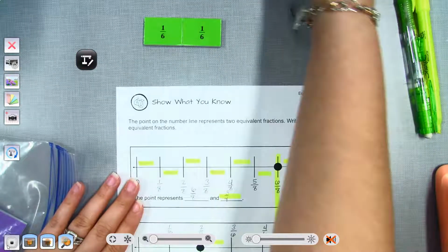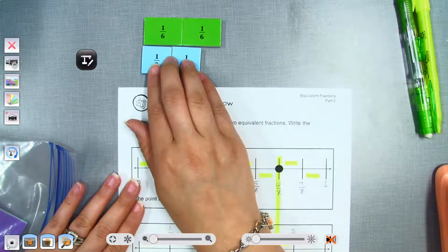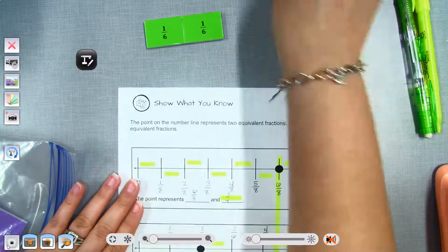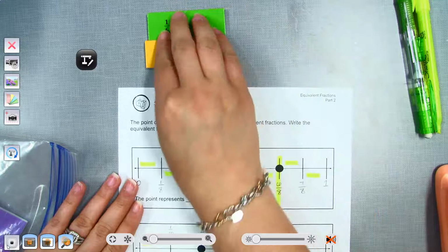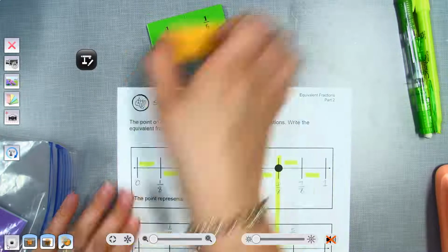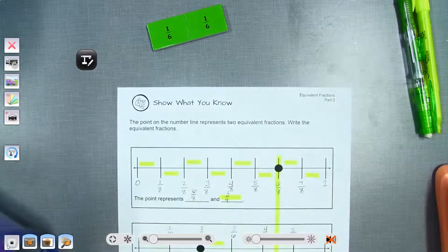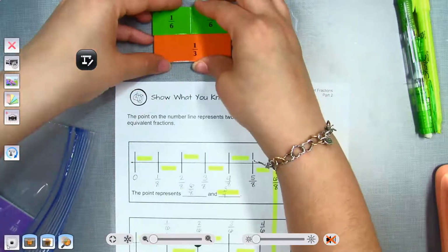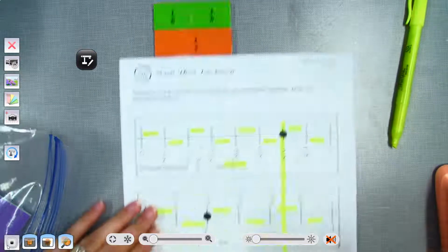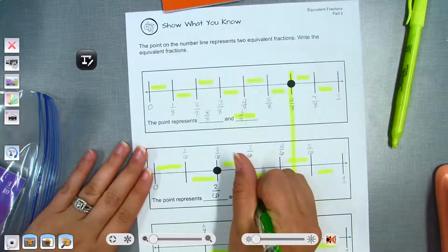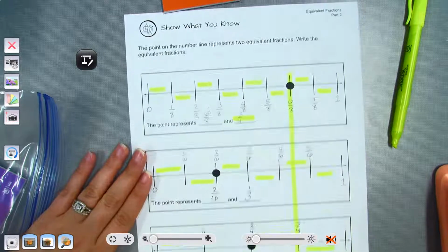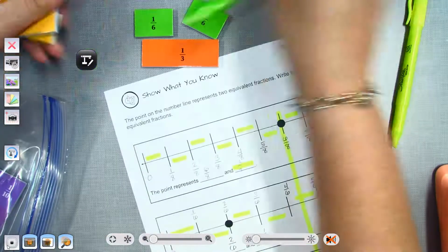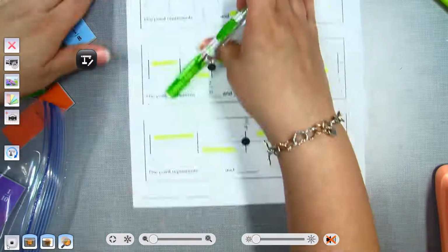We know that eighths won't fit. Fourths won't either. Let's look at a third. 1/3. So 2/6 and 1/3 are equivalent.